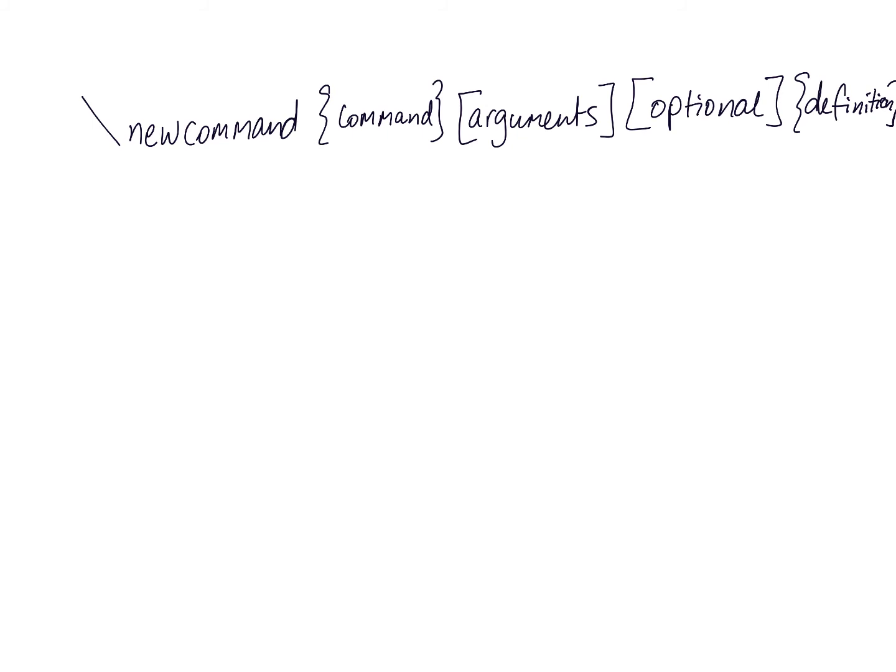That name must not be already defined and is not allowed to begin with backslash end. Arguments: an integer from 1 to 9. If you omit this, the command will have 0 arguments. So there will be no arguments.